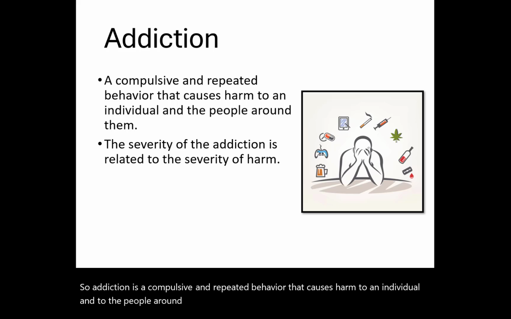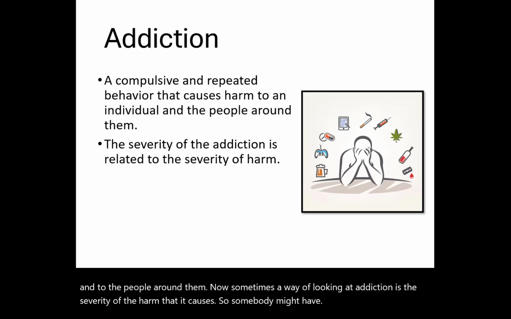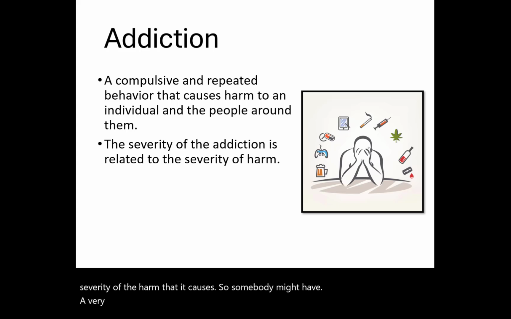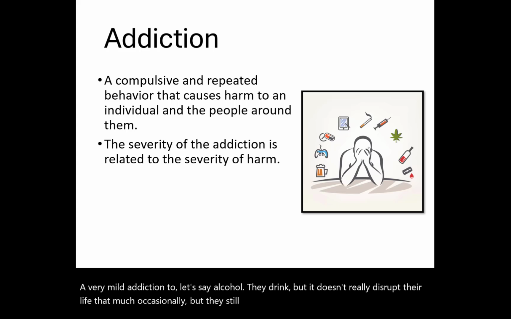So addiction is a compulsive and repeated behavior that causes harm to an individual and to the people around them. Sometimes a way of looking at addiction is the severity of the harm that it causes. Somebody might have a very mild addiction to, let's say, alcohol. They drink, but it doesn't really disrupt their life that much, but they still feel a compulsion to do it.